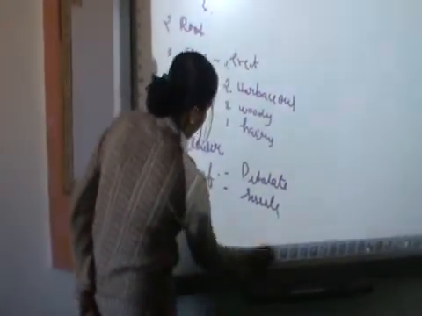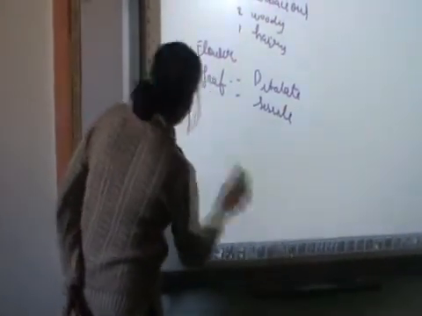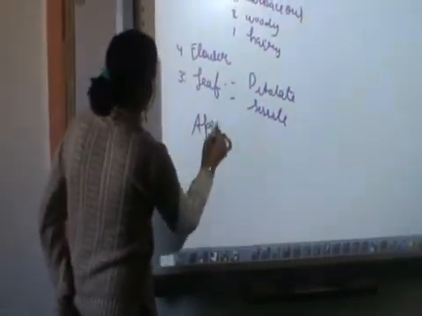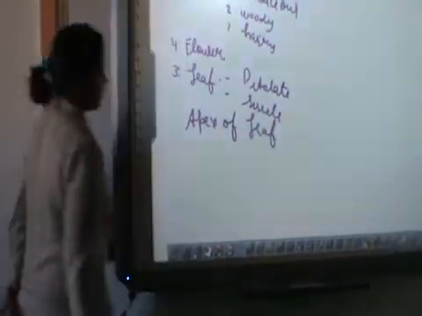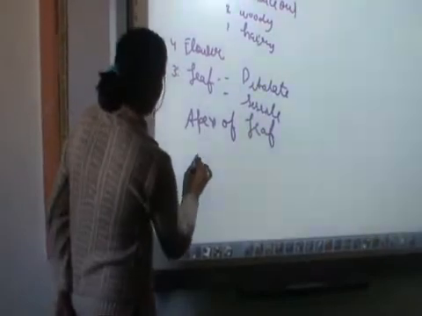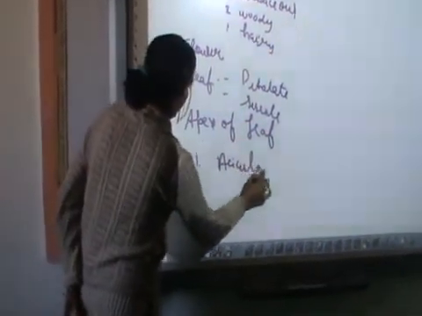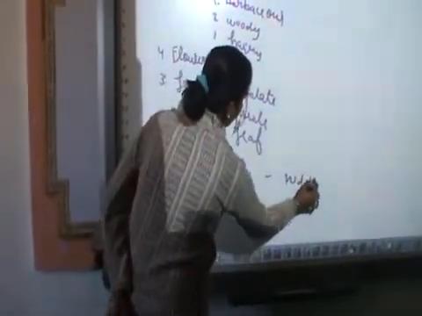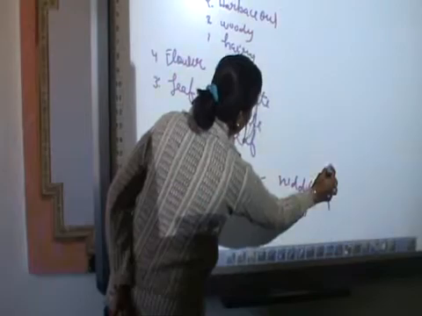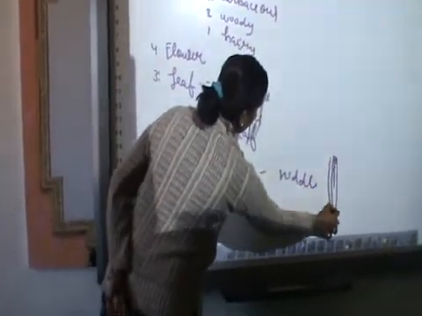Then the apex of leaf. There are many apexes of leaf. Number one, acicular. If the leaf is needle-like, it is an acicular leaf.